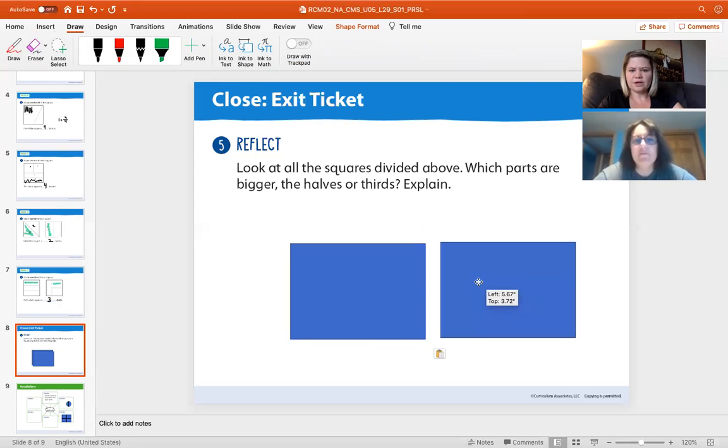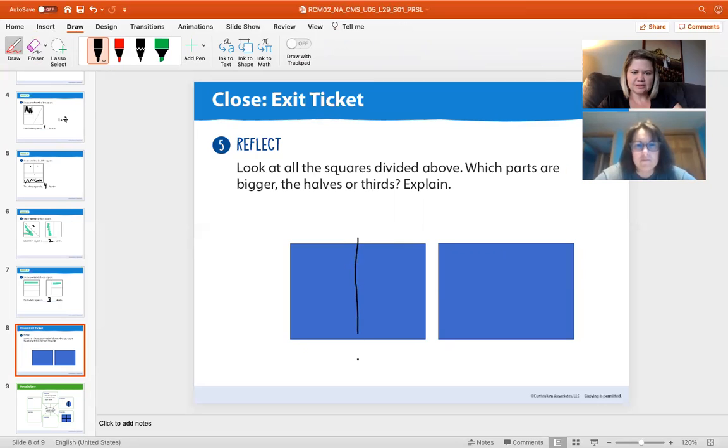Okay. If we were to cut this shape in half, it would look like this, right? Remember, Miss Croft's doing her best. Not the best, but her best. It would look like this, right? So we have 1, 2 parts. If we were to cut this shape into thirds, it would look like this, give or take.